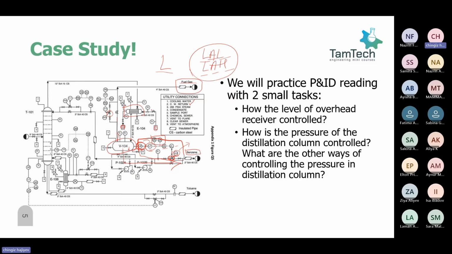Okay, if we have a control valve here, and if we join this pressure control loop to this control valve or any other control valve, we can also control the pressure by controlling the flow rate of cooling medium, or so-called condenser duty. I perfectly agree. Ainur, amazing. Yes, that's good. That was the answer that I expected.